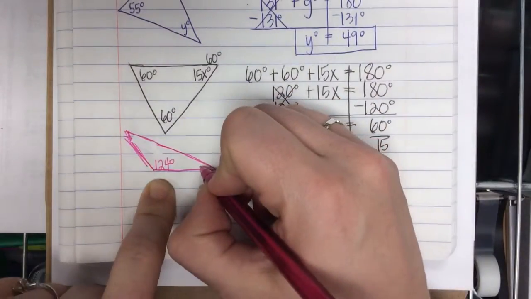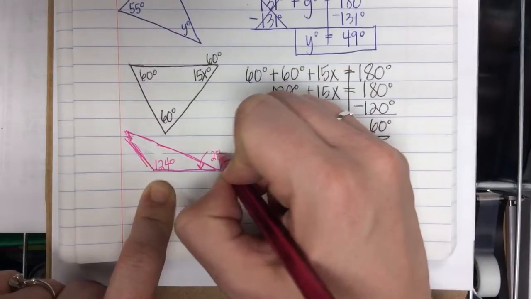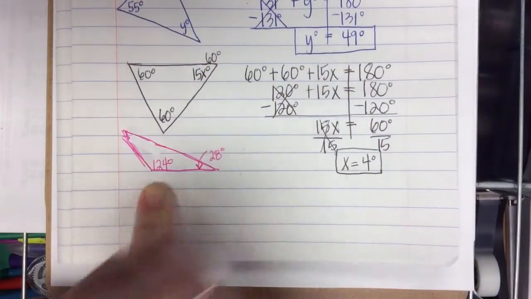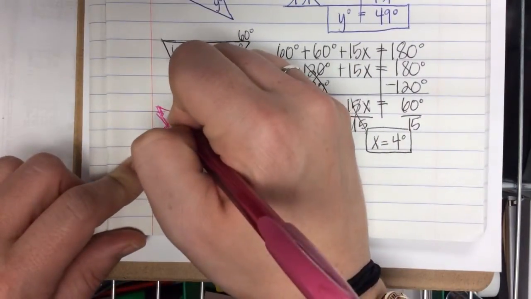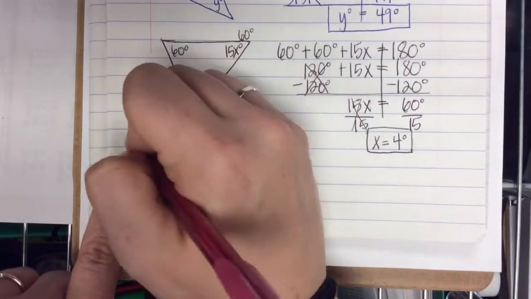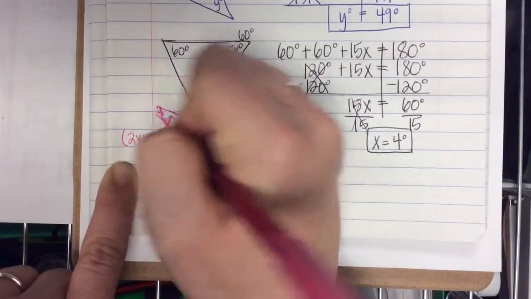I'm gonna draw arrows just because I don't want to squeeze it in there. 28 degrees. And this angle is 2x plus 10 degrees.